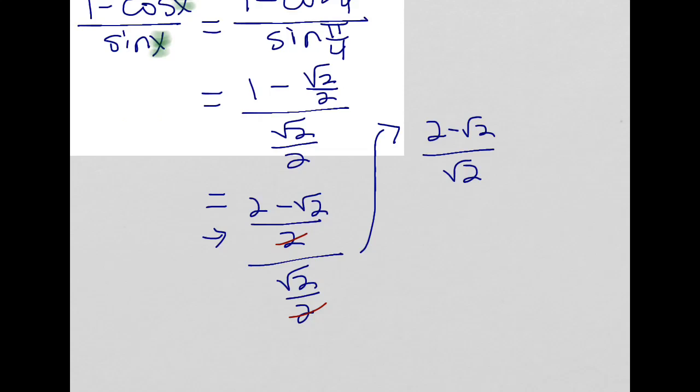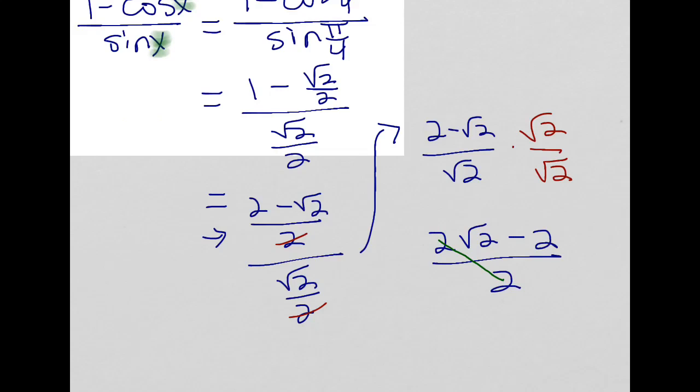Now I'm going to rationalize that denominator by multiplying by the square root of 2 over the square root of 2. I end up with 2 times the square root of 2 minus 2 all over 2 when I do my multiplication. One last simplification: 2 goes into both terms in the numerator as well as the denominator.